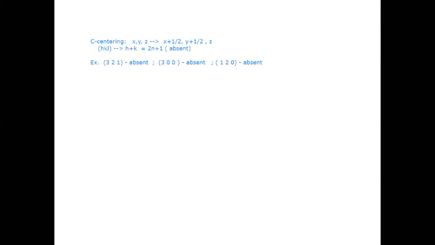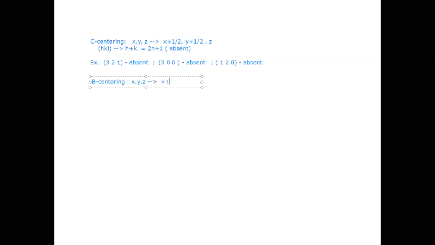So we'll look at, say, B centering. For B centering, we have X, Y, and Z. We get X plus a half, Y, Z plus a half.